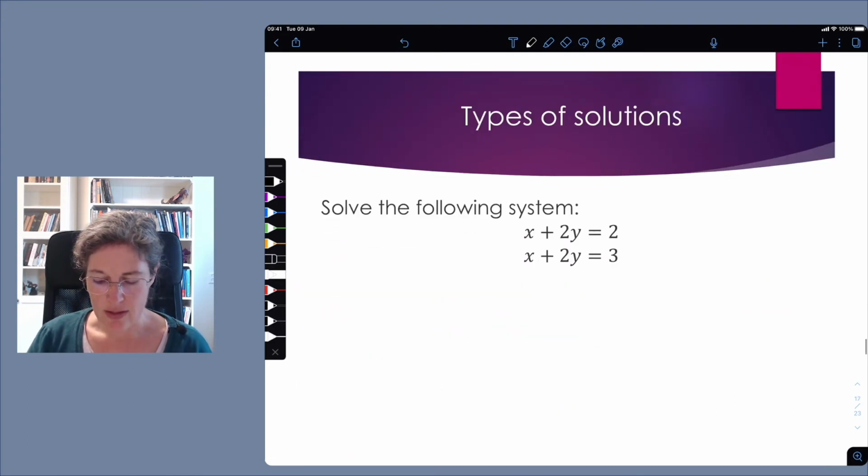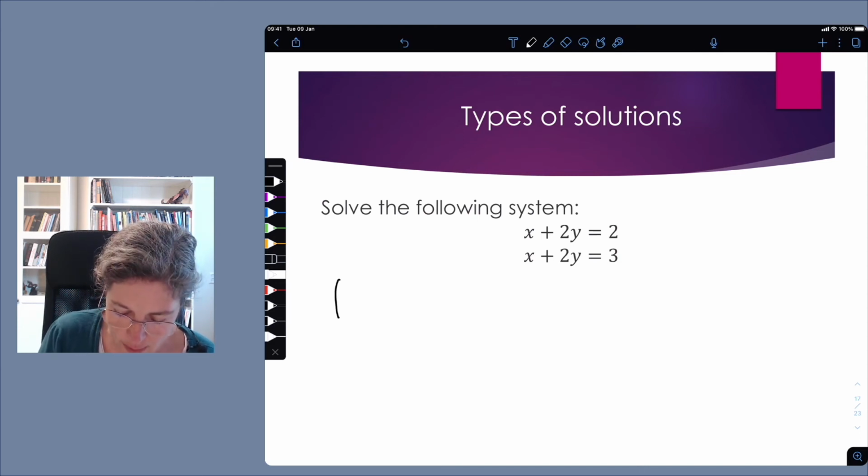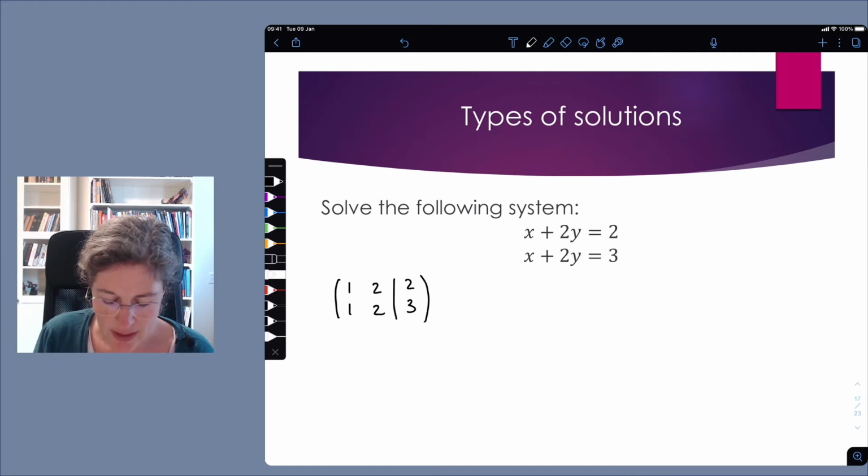Okay, so here's a system that looks very similar. So we've got x plus 2y equals 2 and x plus 2y equals 3. Let's go ahead, form our augmented matrix, and begin our process.